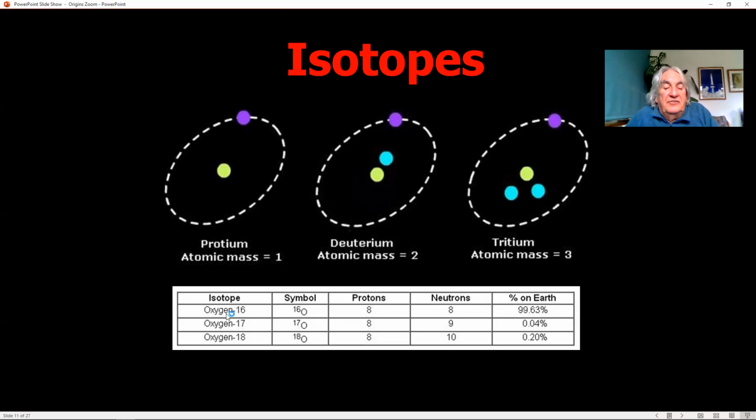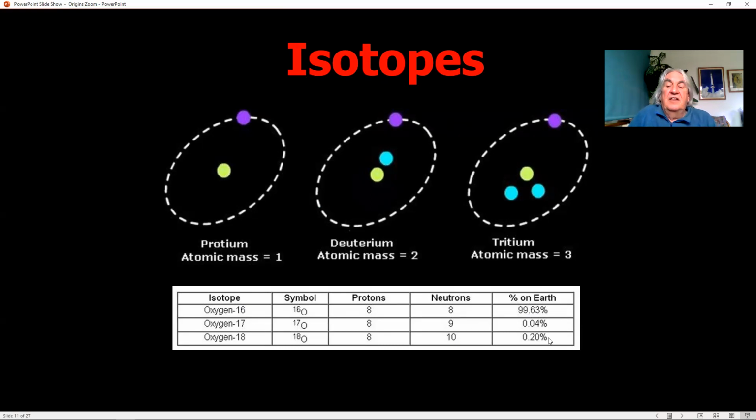Oxygen has a number of different isotopes on Earth in varying relative amounts. The most common by far is oxygen-16, which has got 8 protons, 8 neutrons, okay? Therefore, its atomic mass is 16. But you also get oxygen-17, which has 9 neutrons, and oxygen-18, which has 10.